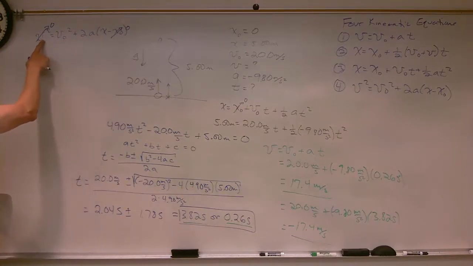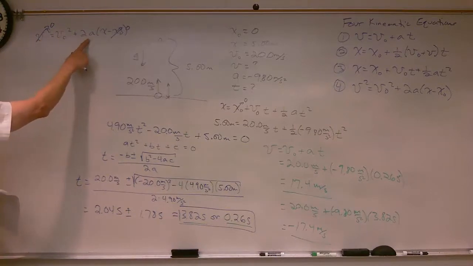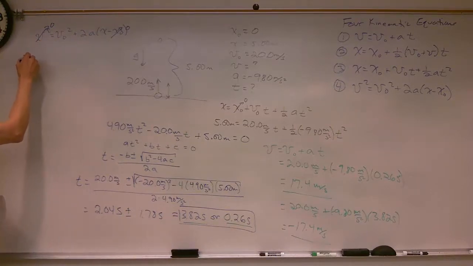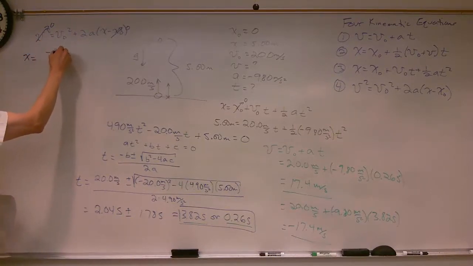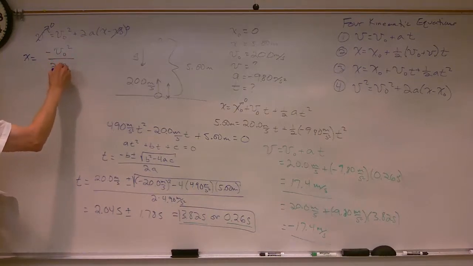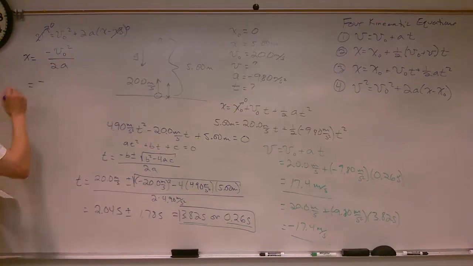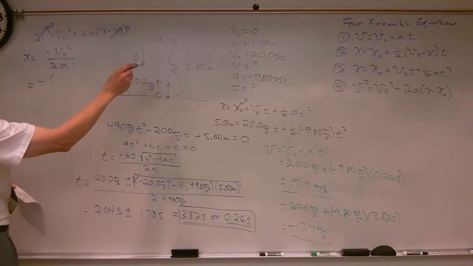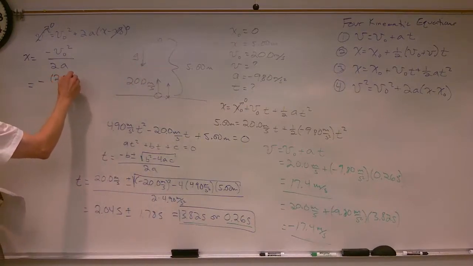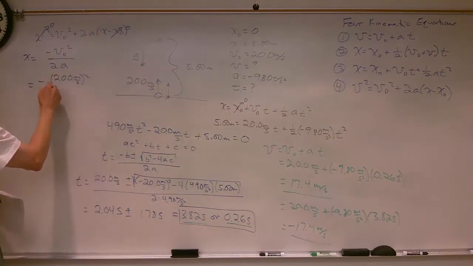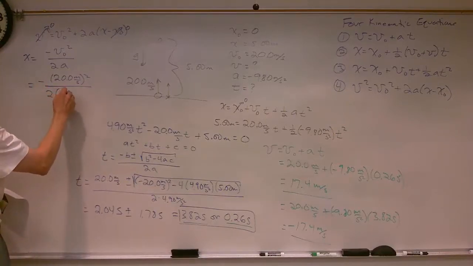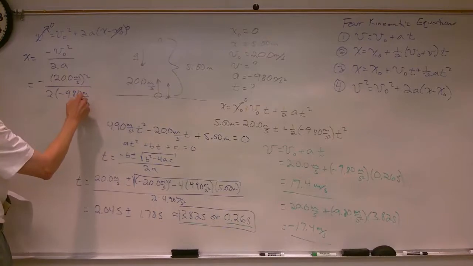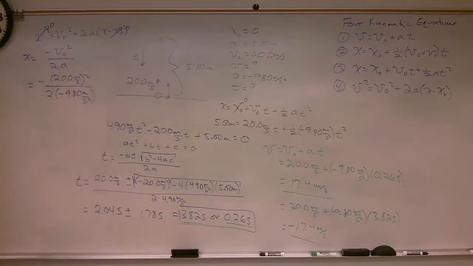So we'll bring v naught squared over here, divide by 2a, and what we have is x is equal to minus v naught squared over 2a, or negative (20 meters per second) squared divided by 2 times a, which is negative 9.8 meters per second squared.